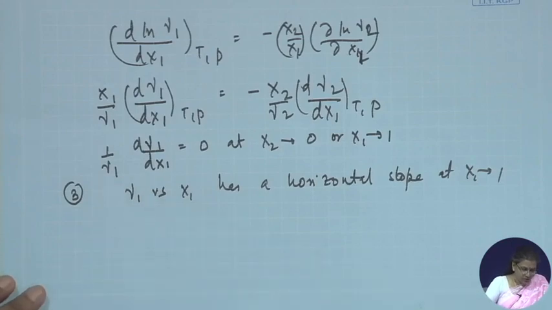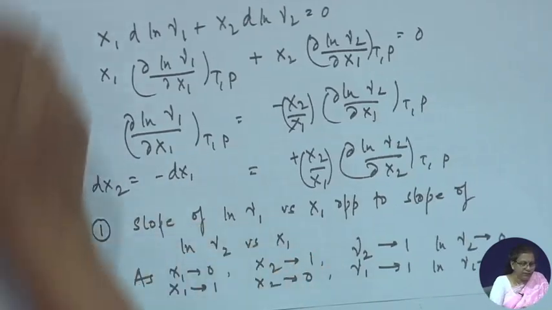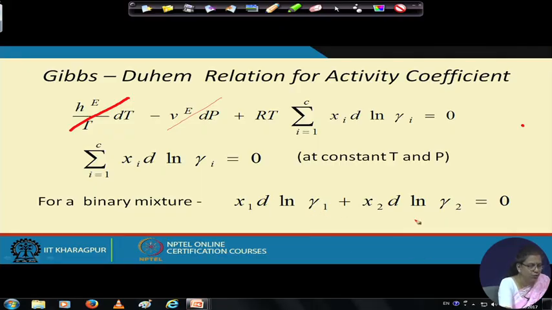What are the 3 observations? The first thing, if you observe this particular equation: gamma 1 and gamma 2 are not independent of one another. So, they are related to composition in this particular fashion. Next, if we know one, we will be in a position to find the other.